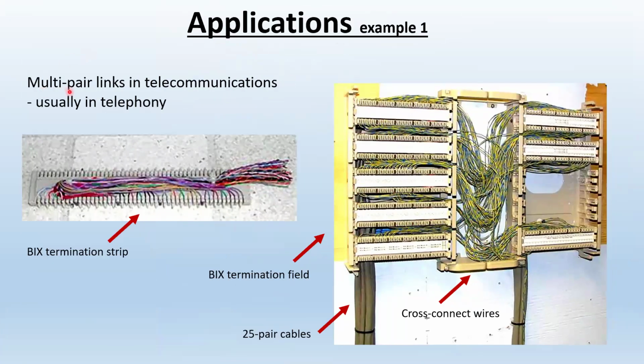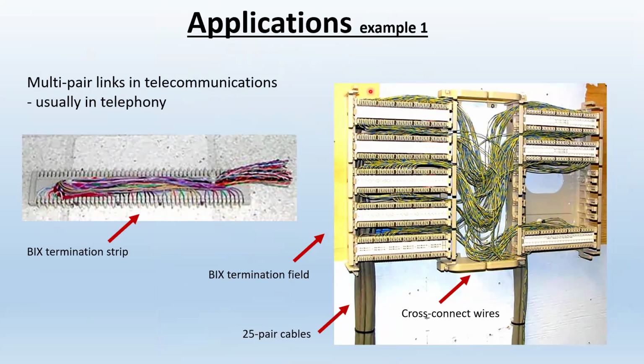Applications, example number 1: multi-pair telecommunications, usually in telephony. This is how things are being terminated, and we'll show that during the lab. Here is a bunch of 25 pair cables. One of those wafers, or 25 pair connectors, these are the BIX connectors, is capable of connecting 25 pairs.